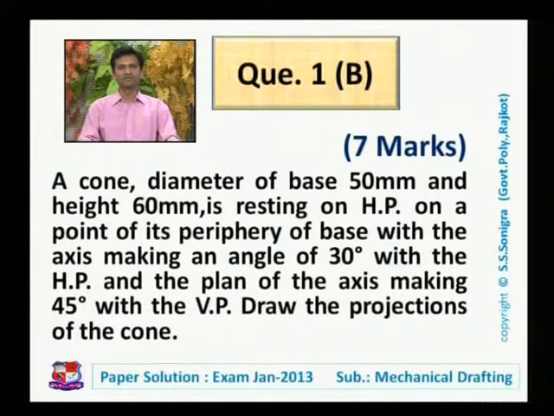Here the dimensions of the cone are given, diameter and height 50 mm and 60 mm respectively. It is resting on HP on one point of its periphery such that the axis makes an angle of 30 degrees with the XY line or with the horizontal.